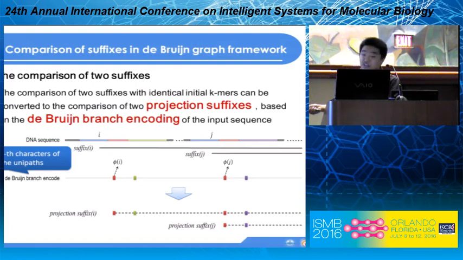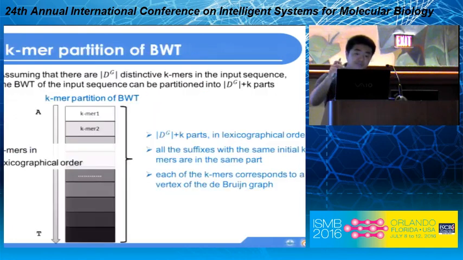Here, projection suffix means, for a suffix starting at position i, its projection suffix is the suffix of the de Bruijn-branch encoding string starting at phi-i. Here, phi-i is the character of the de Bruijn-branch encoding string which corresponds to the branch character of the unipath next to the position i. With the de Bruijn-branch encoding and the projection suffix, the comparison of two suffixes with the same initial k-mers can be done by directly comparing their projection suffixes, and it's much easier.